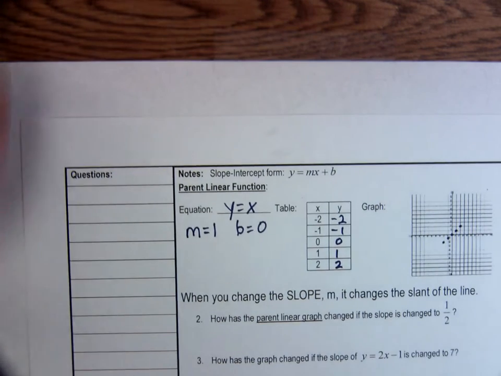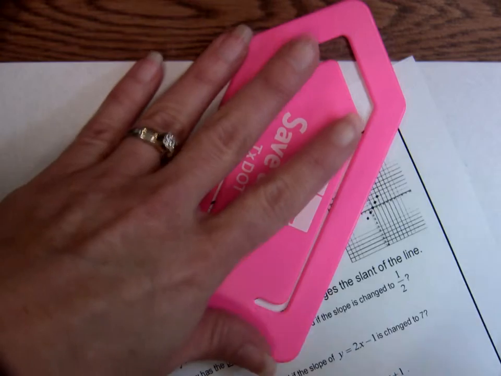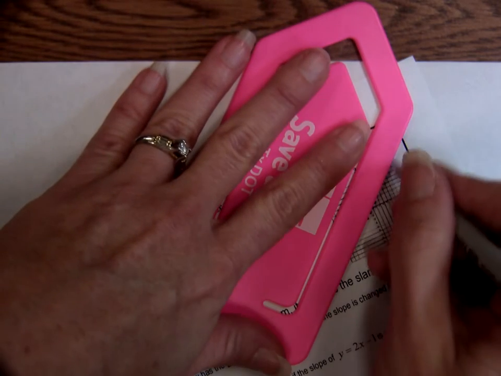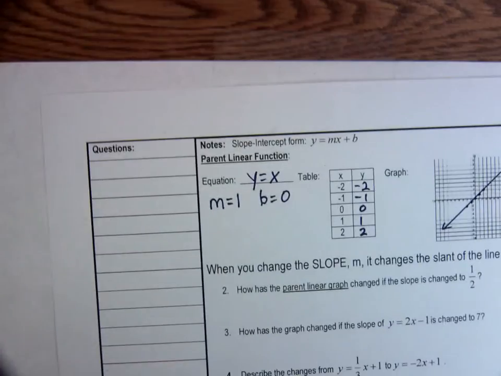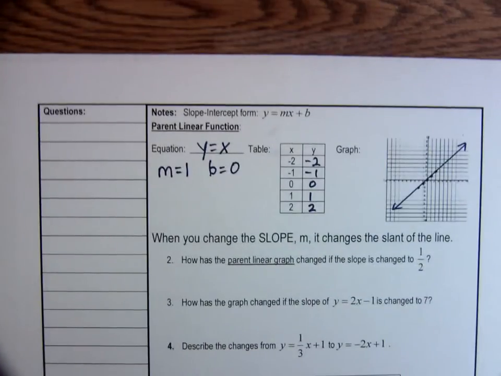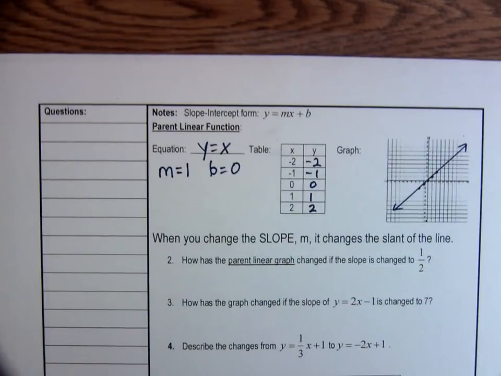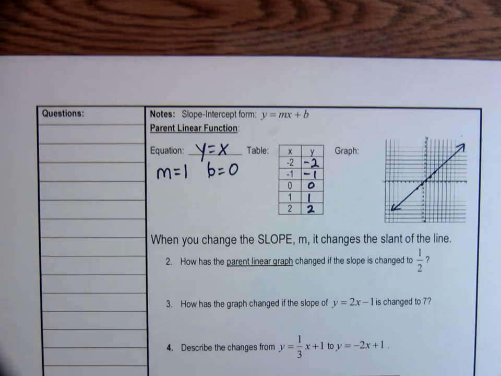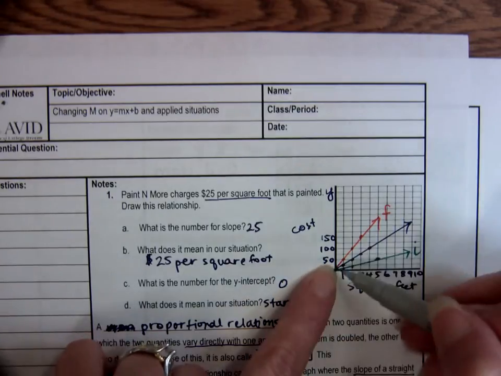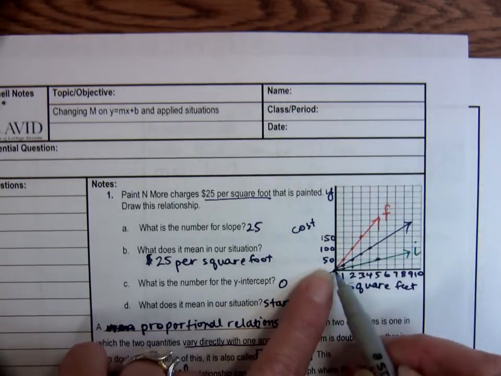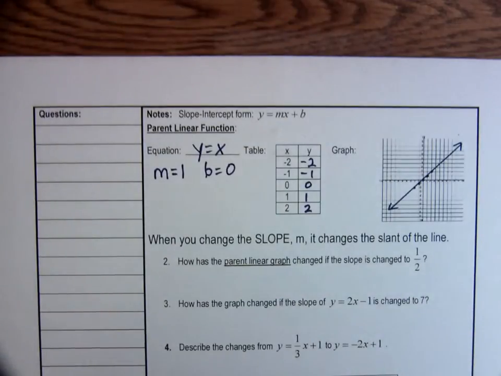And then when we draw the line, it is a positive slope going through the origin. And so it says when you change the slope m, it changes the slant of the line. So remember, the slope of the line is the slant of it. And so when we change it, it will either get steeper or it will get flatter. We will also see another change here in just a second.